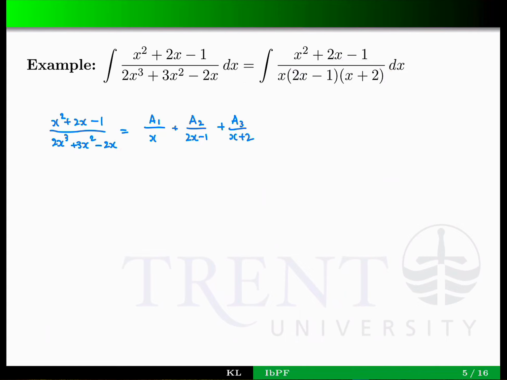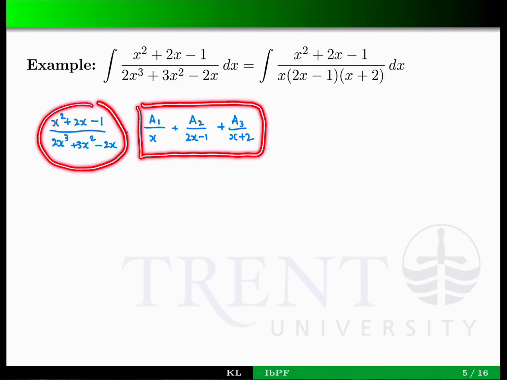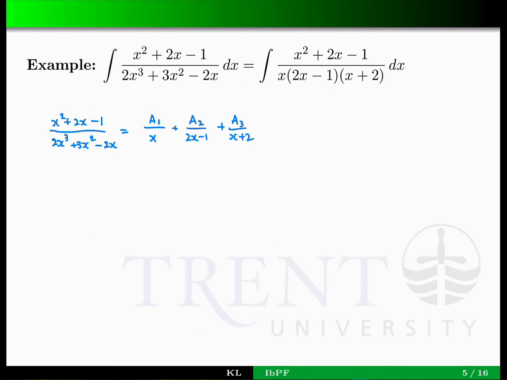So again, if you are able to write this into a product of linear factors, which I have already shown you in this part, then the fraction itself can be written into a sum of fractions with linear denominators. And the denominators are just the factors of the original denominator here.